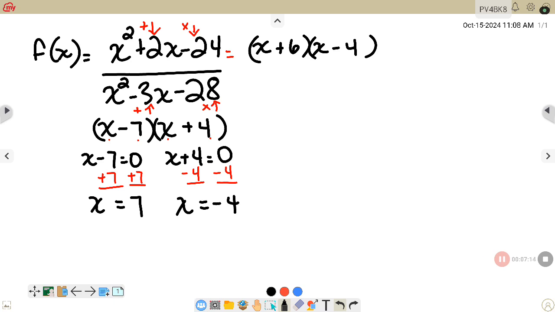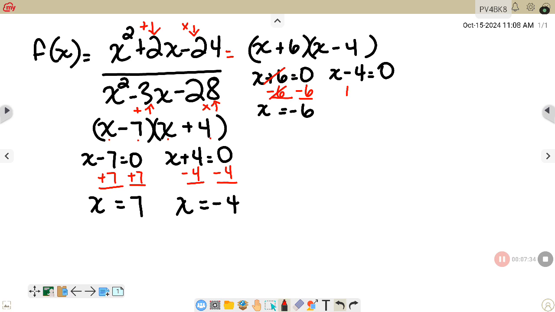If I set these equal to 0 and solve them for x, I will get the zeros of the numerator. So I will subtract 6's from both sides of the first one, so I get x equals negative 6. And on the last one, I will add 4 to both sides, and I get x equals positive 4.